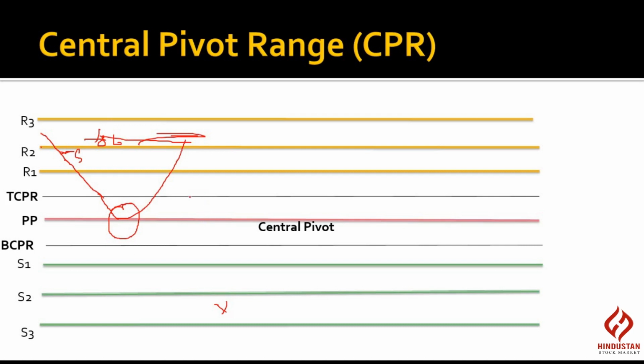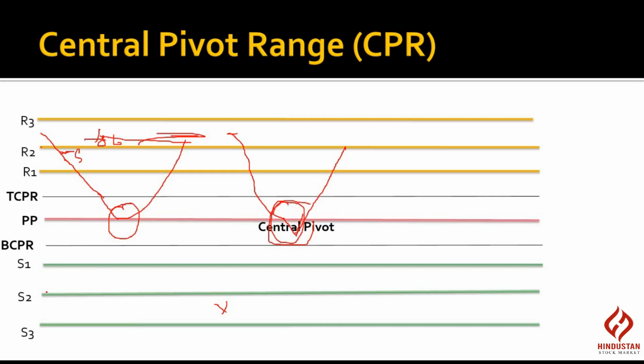That is why, when you see a wide CPR on your chart and you have taken a short trade, when price comes near the central pivot range, you should book your profit somewhere around here or here, right? If you wait, most likely it will reverse and you will end up losing all your profit. So whenever you see a wide CPR on your chart, when price comes near the CPR, try to book your profit.